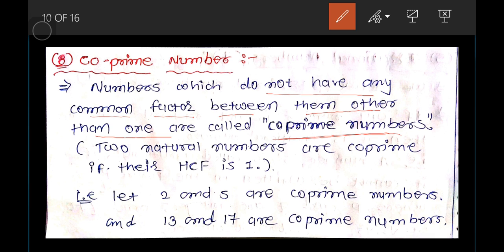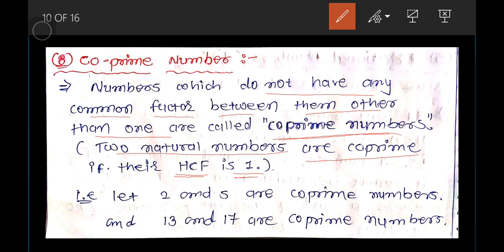Or we can say that two natural numbers are coprime numbers if their HCF, highest common factor, is only 1.